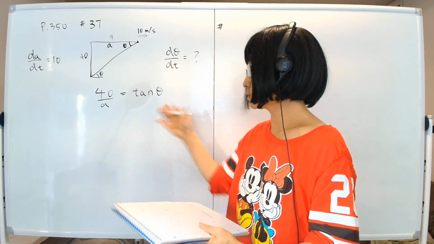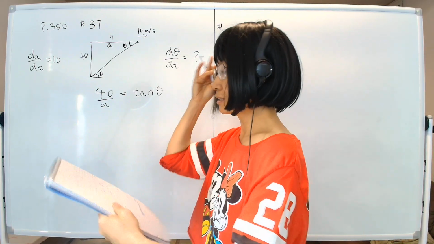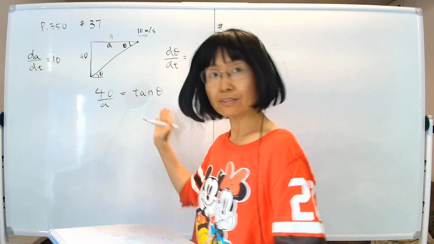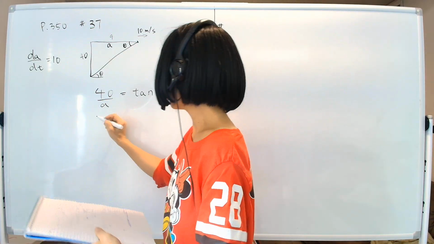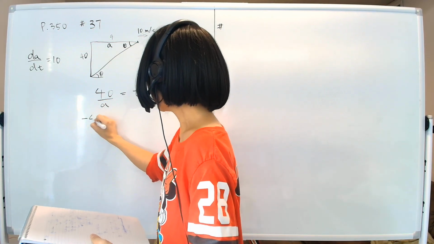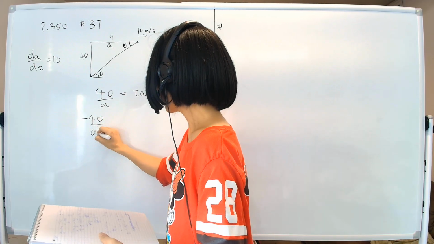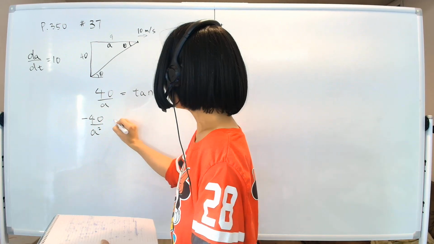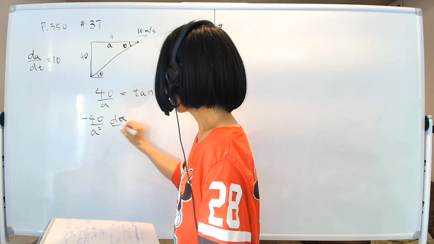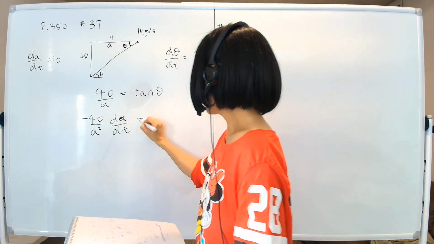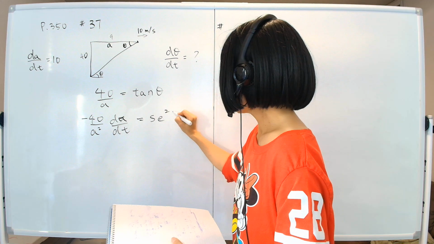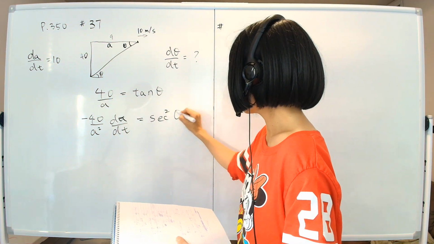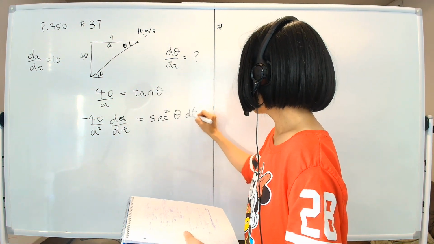And then let's take the derivative of both sides with respect to t. So this one takes the derivative equals minus 40 divided by A squared, and then dA by dt equals the derivative of tangent, which is secant squared theta, d theta by dt.